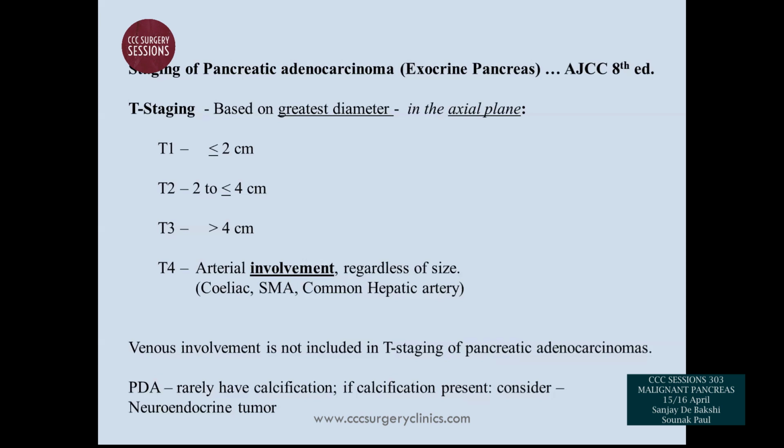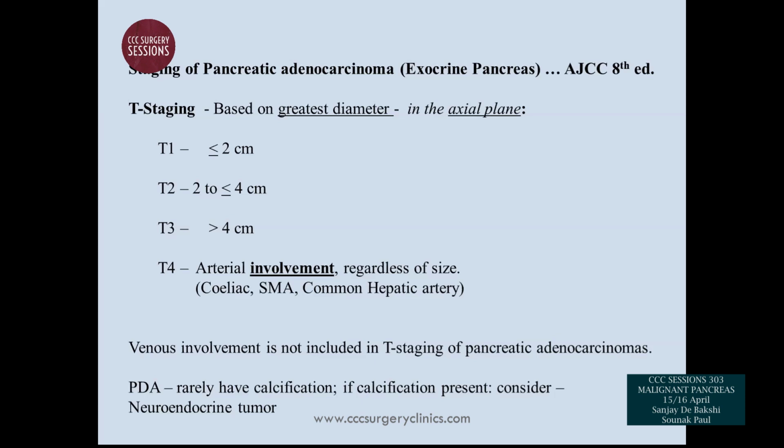However, no further mention is made in the AJCC classification, and for evaluation of the vascular anatomy related to pancreatic malignancies, we fall back on the NCCN guidelines. Venous involvement as such is not taken up at all in the AJCC guidelines.